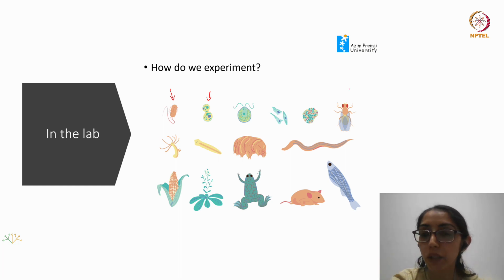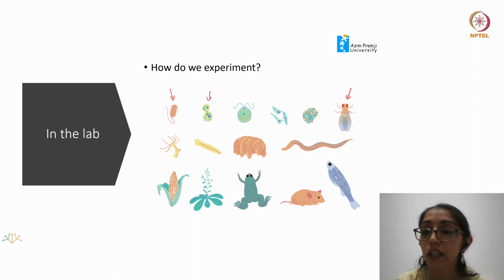Another example is the fruit fly, Drosophila melanogaster. The fruit fly has been an extremely important model organism for us to understand how genetics works, patterns of inheritance. It has also been important for us to study the process of development, right? So how do you go from a single-celled zygote to an organism that has specialized tissues and organs?